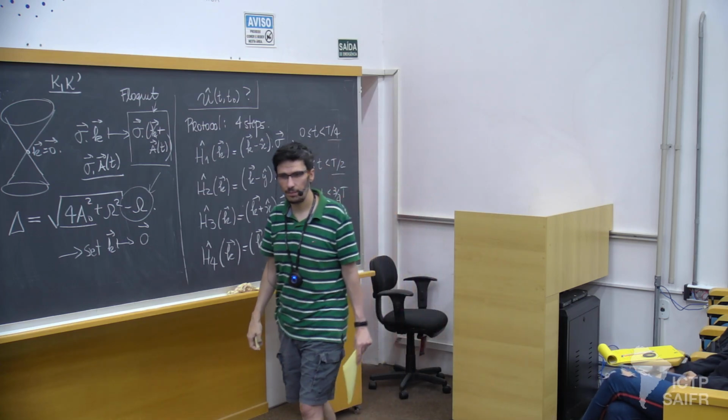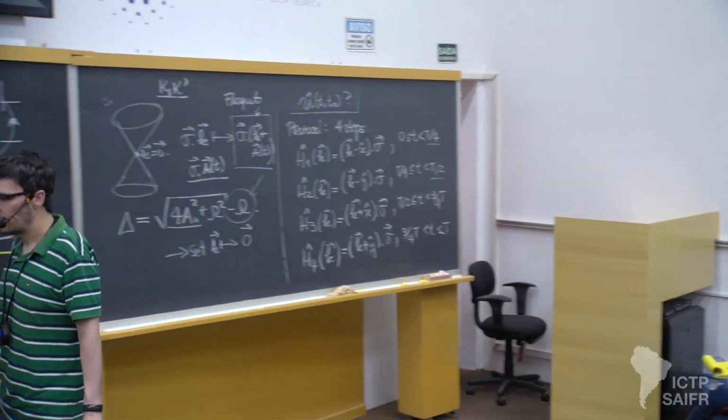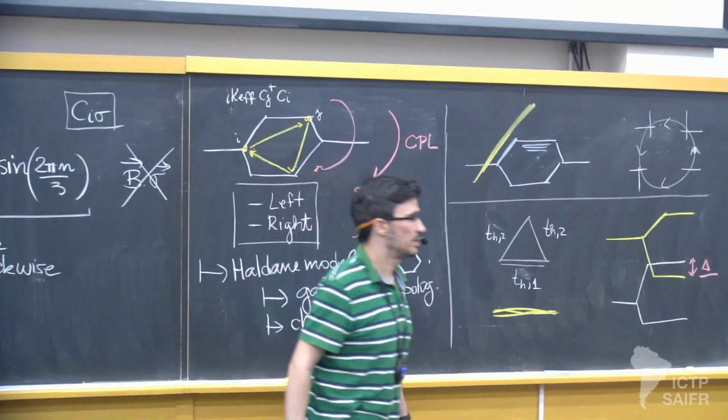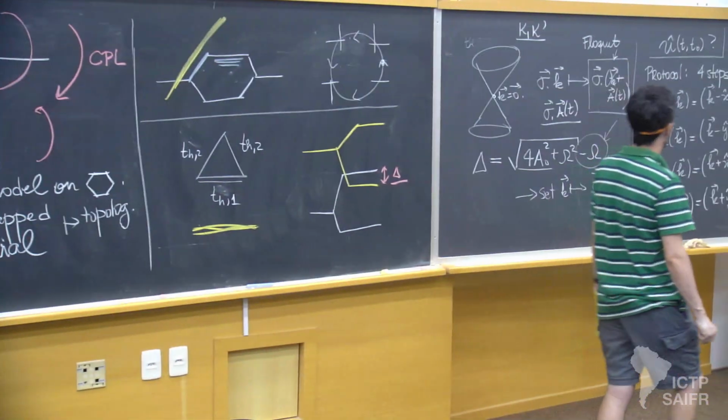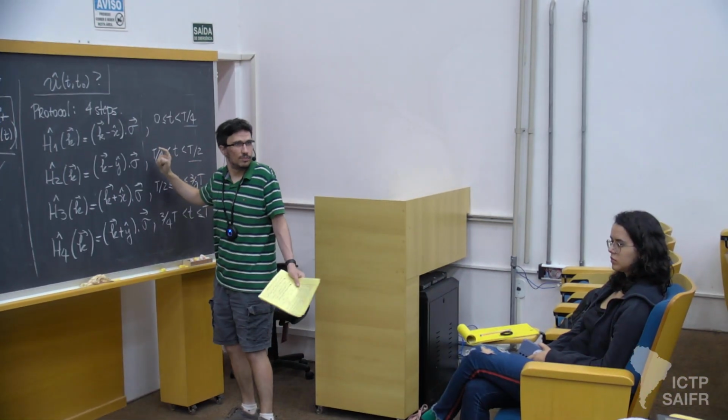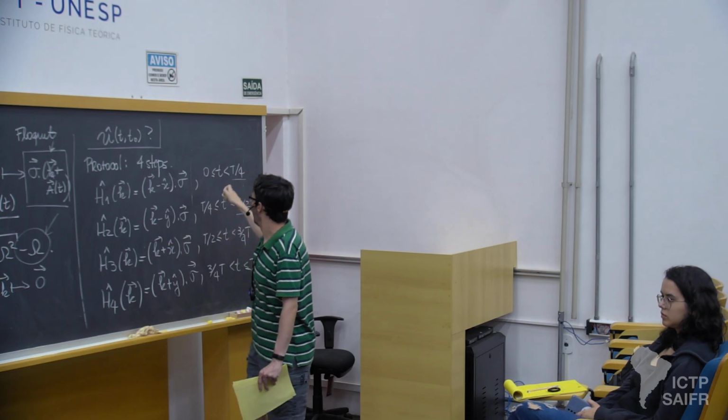In principle, you may be worried that this can lead to kinks, because you're putting it in by hand, and at T/4 this is not continuous. And you could be right. But the great advantage is that this Hamiltonian commutes with itself for this entire time.